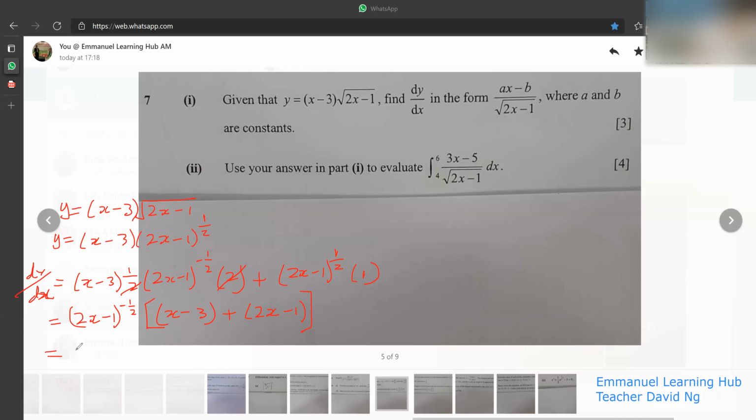So this part you just copy and paste. Then your big bracket is x minus 3 plus 2x minus 1. So x plus 2x is 3x. Minus 3 minus 1 is minus 4.